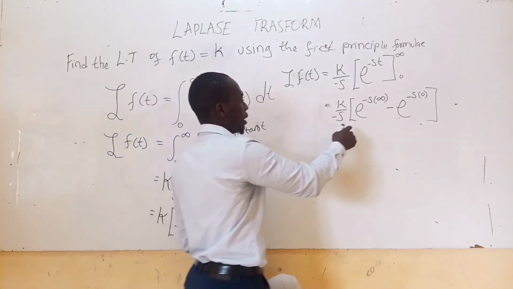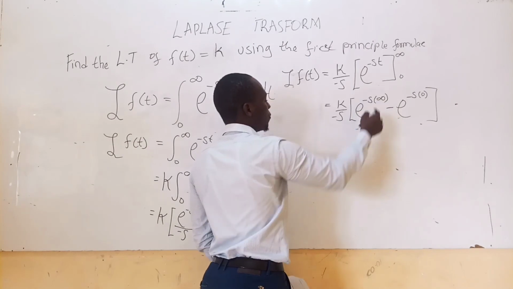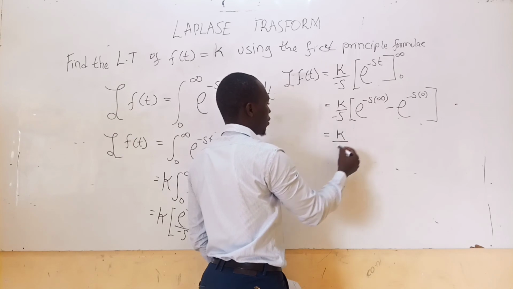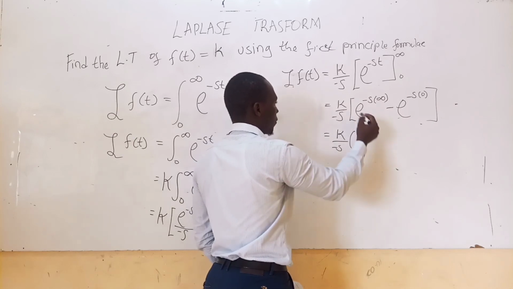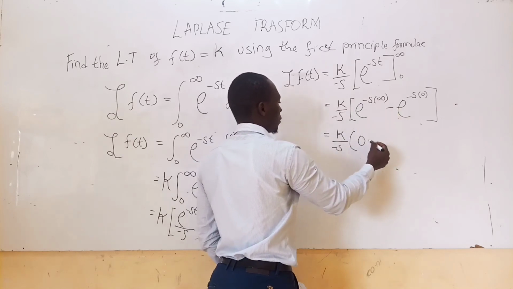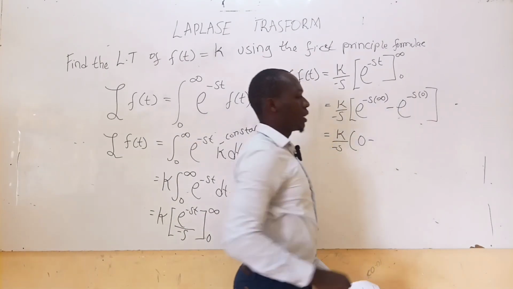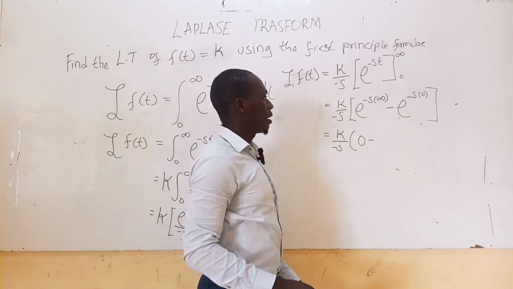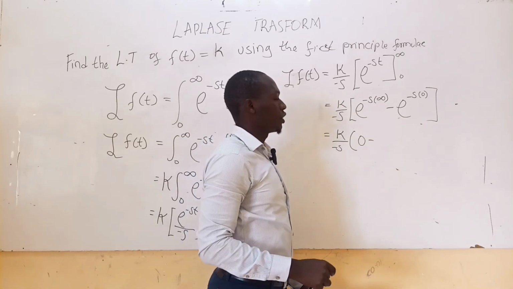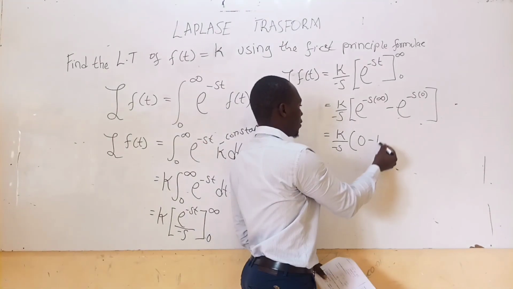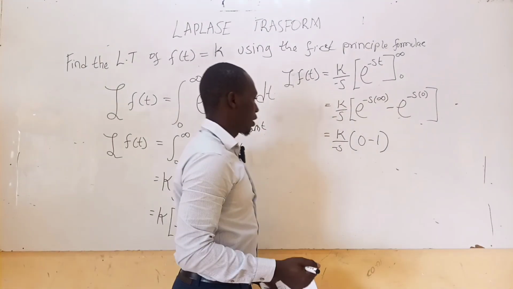Now from here, anything raised to power infinity is equal to 0. That means we are going to have k over negative s, and this one is going to be 0. Subtract from negative s, when you multiply by that, we are going to have 0. Anything raised to power 0 is equal to 1. So here we are going to have a negative of 1.